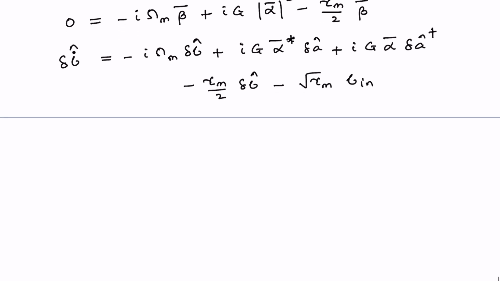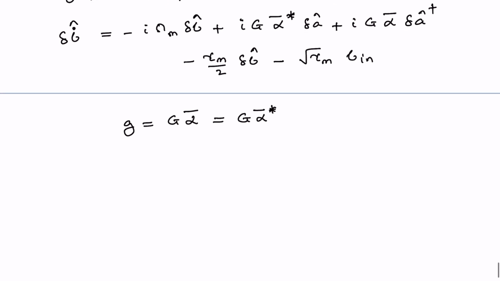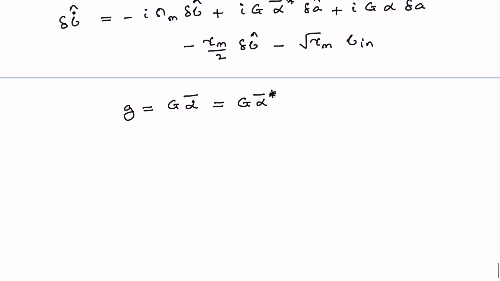Now I am defining Z, the optomechanical constant, as small z times ᾱ, and also I am taking that ᾱ = ᾱ*. Alpha bar I am taking as a real quantity.